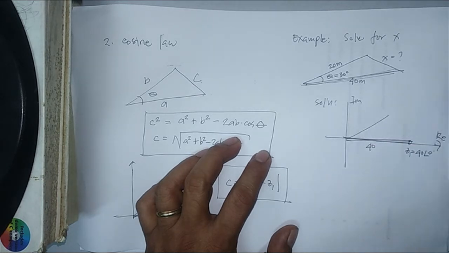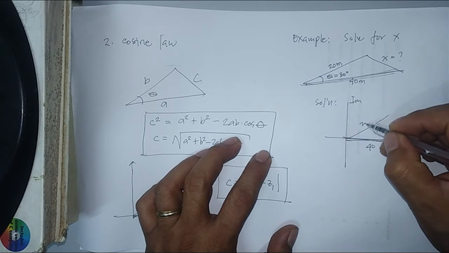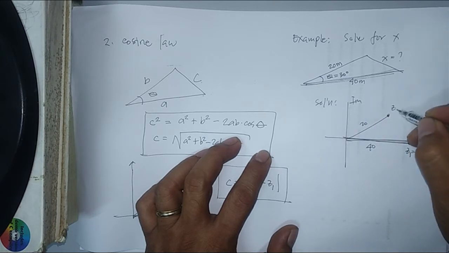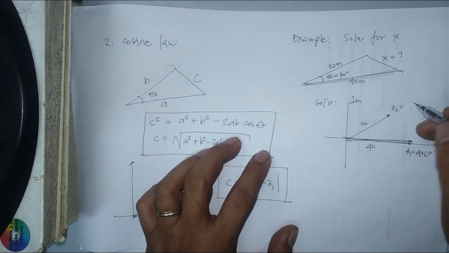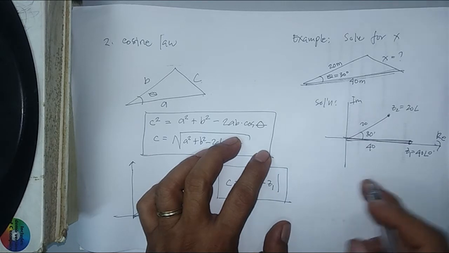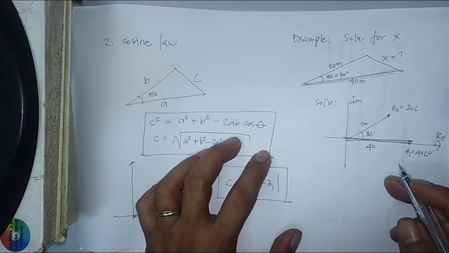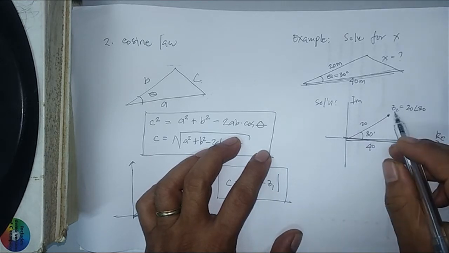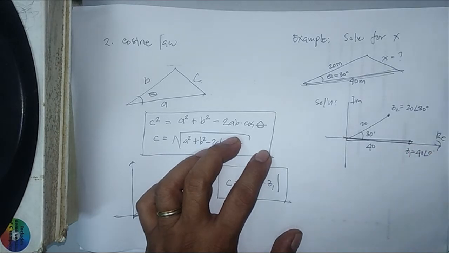Another side is 20, and in complex form, the angle between the sides is 30 degrees, so this will become 20 angle of 30 degrees.